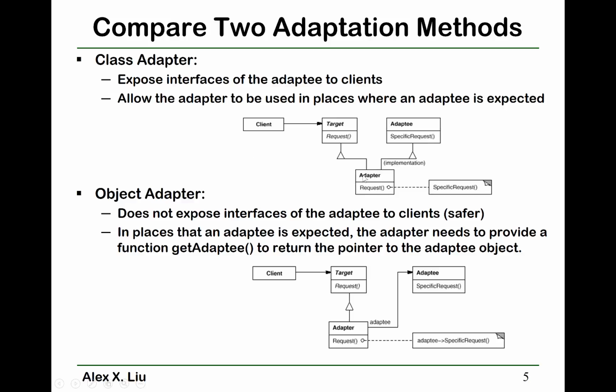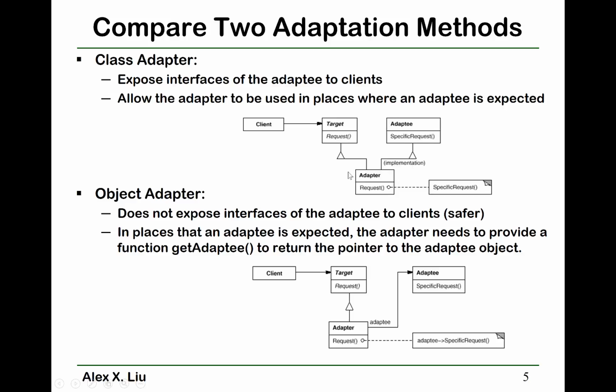Because the clients will instantiate an object of this adapter class, the client can directly access the public methods defined in the adaptee class. Also, using this class adapter, we allow the adapter to be used in places where we expect an adaptee object. Basically, we can use a pointer or reference to this adapter object in the places that we expect a reference or pointer of the adaptee.